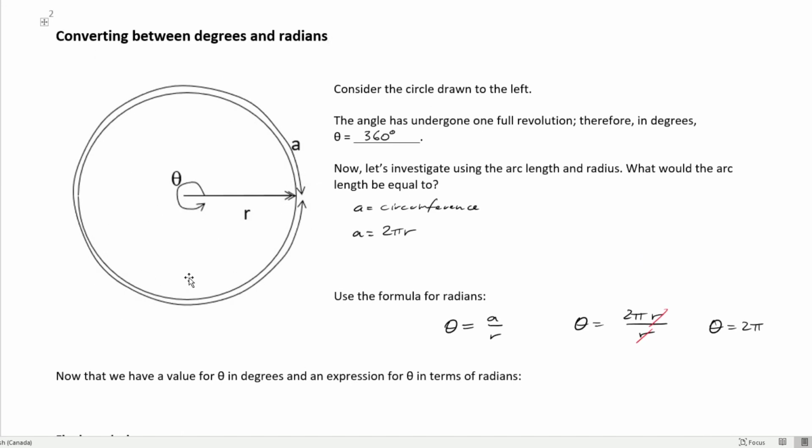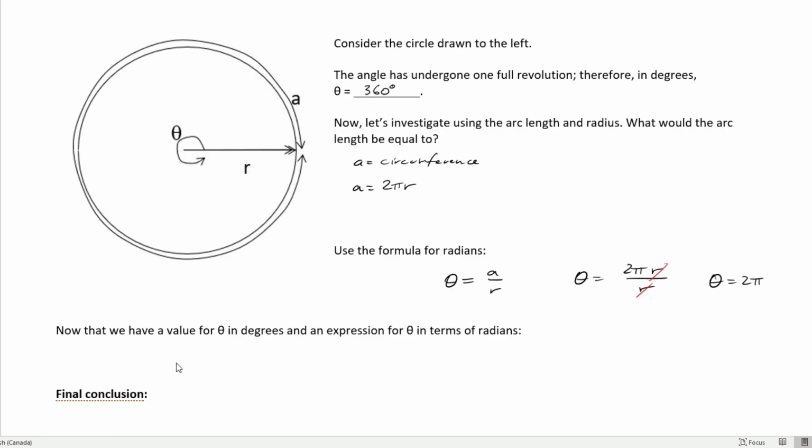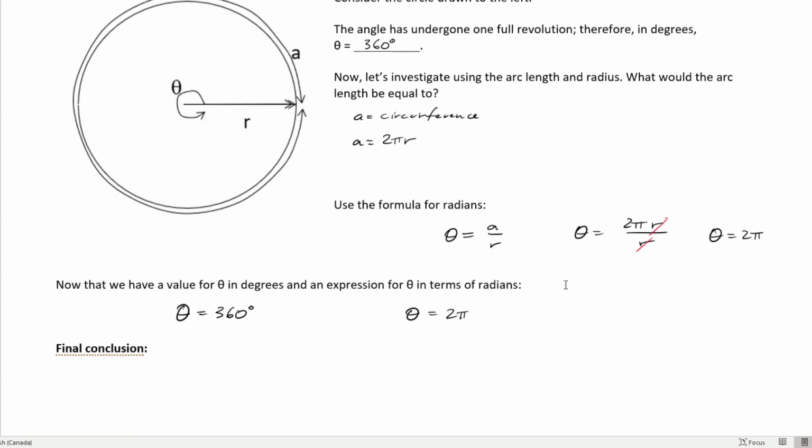Going back to the circle, we know that a full revolution of a circle is 360 degrees. We also have derived that the full revolution of a circle in radians is 2 pi. So our final conclusion can be that a full revolution is 360 degrees, measured in degrees, and a full revolution is 2 pi, measured in radians.